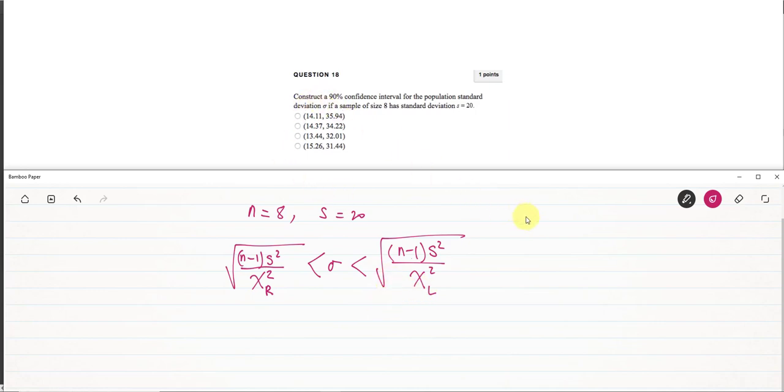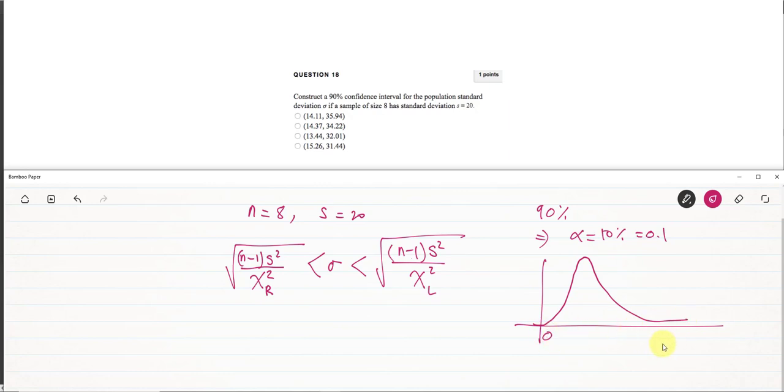Now they give you the 90% confidence level, right? So you know that your alpha is going to be the other 10%, or 0.1. Now if you draw the chi-square, we know that the chi-square is not symmetric and it starts from 0 and then goes all the way to the right, and here is the right tail and here is the left one.